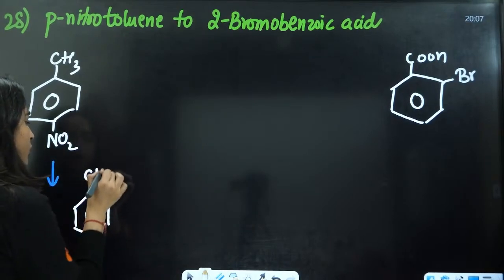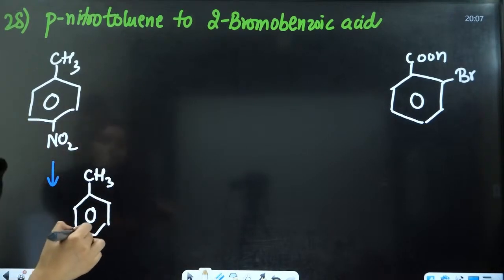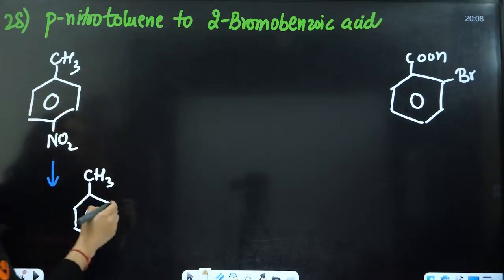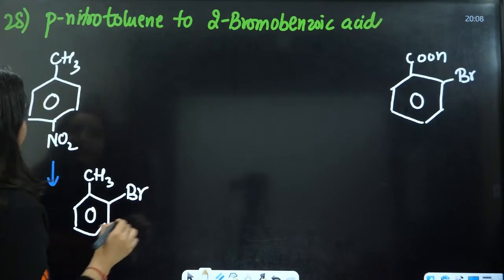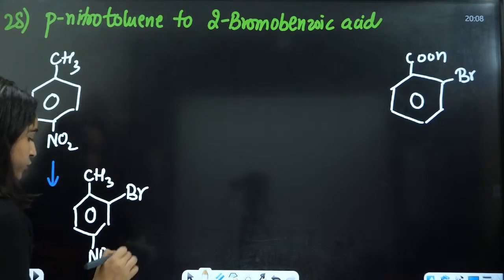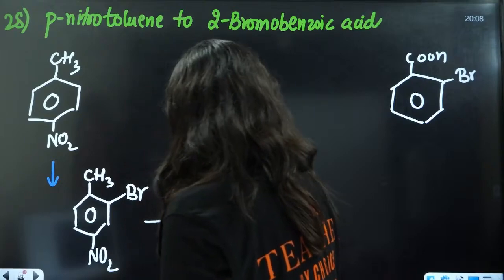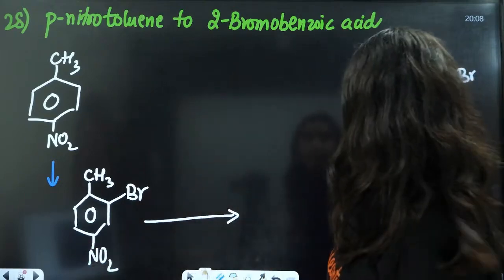Now, CH3 is an ortho-para directing group, but the para position is not free, so bromine will be added ortho to it, and here you will have NO2, right?